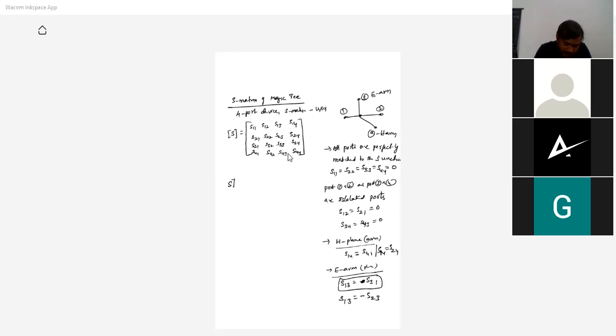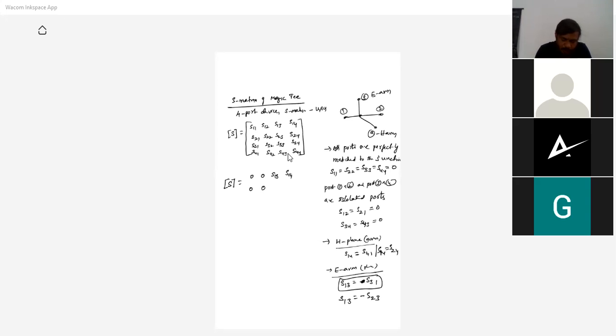So the modified S parameters. S11 is 0 because of perfectly coupled. S12 also 0 because isolated ports. Now we can write S13. We have S14, right? S21 is 0, isolated port.